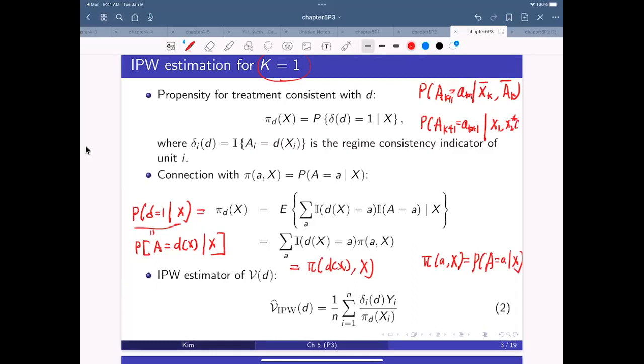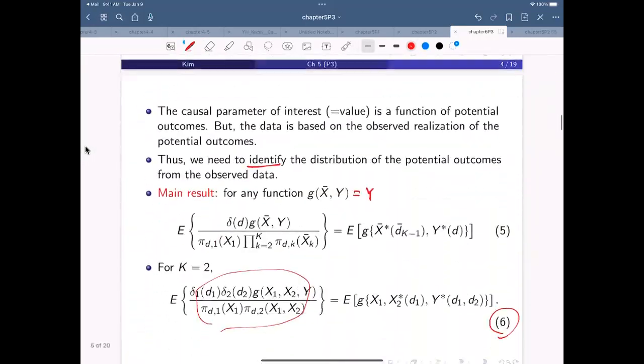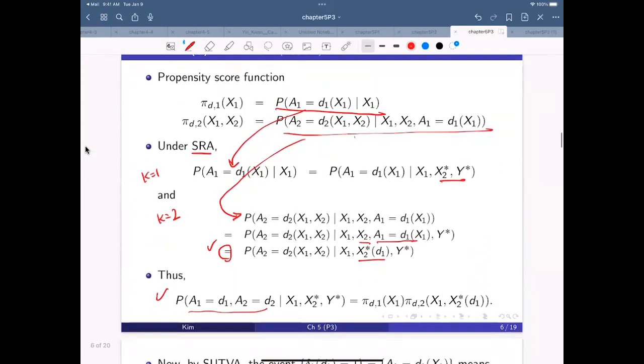So because of A1, we are actually using that. So we have actually two equivalent expressions. A2 is random, and what are we conditioning on?